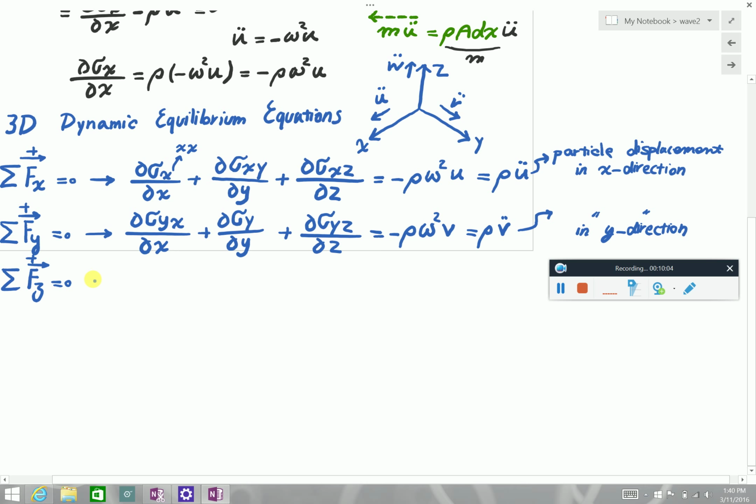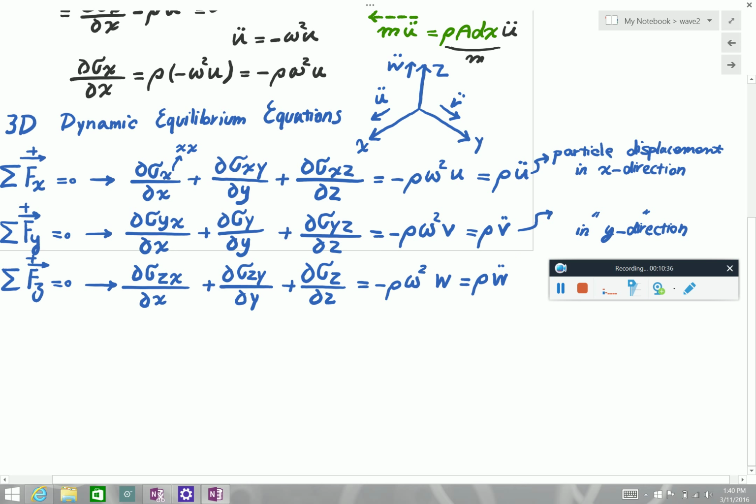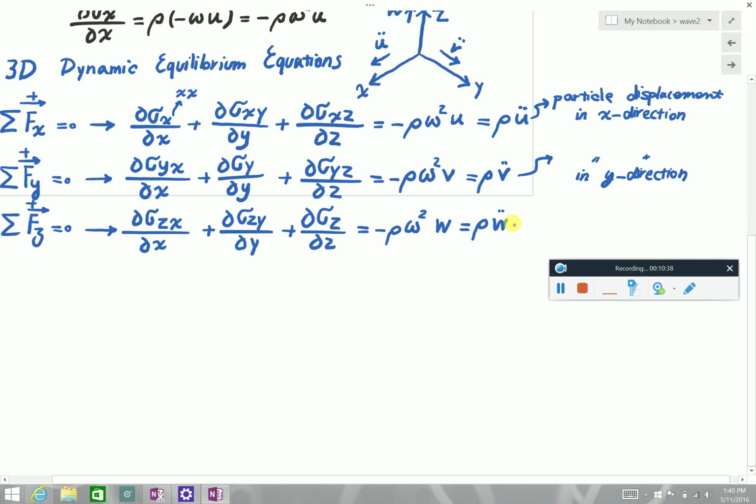And then when we write the equilibrium along the z-axis, we have here sigma zx with respect to x, then we have sigma zy with respect to y, then we have sigma z, or you can think about it as sigma zz with respect to z, minus rho omega squared w, or rho w double dot, where w is the particle displacement in the z direction.